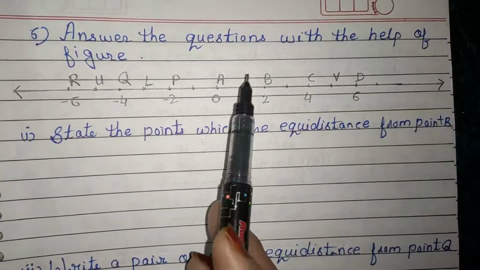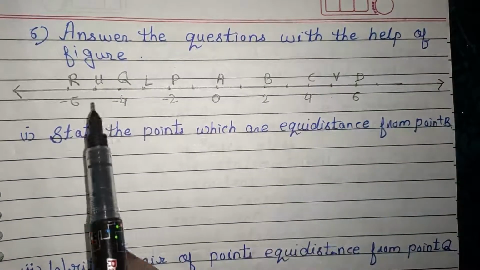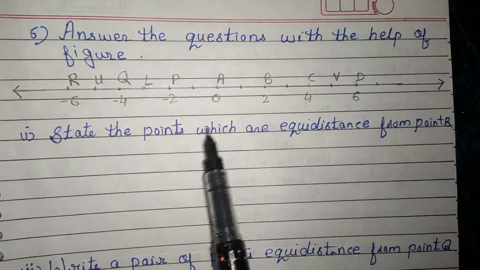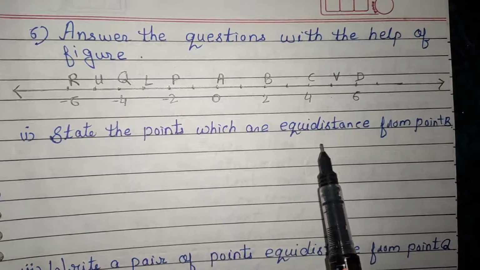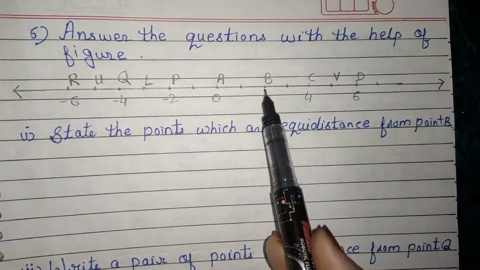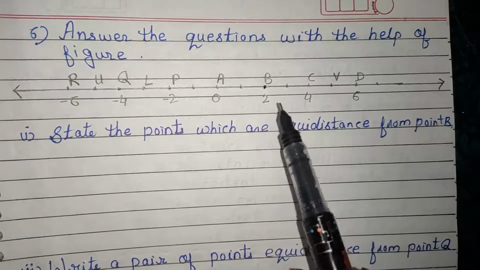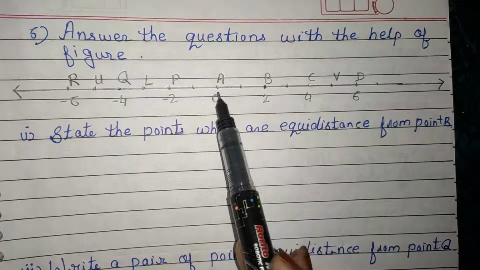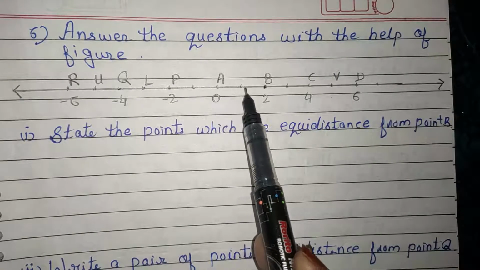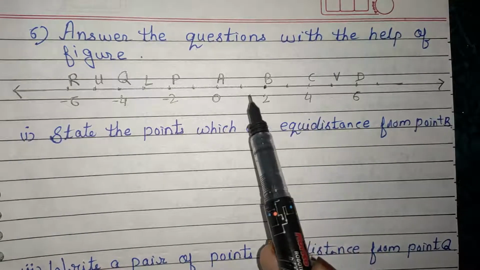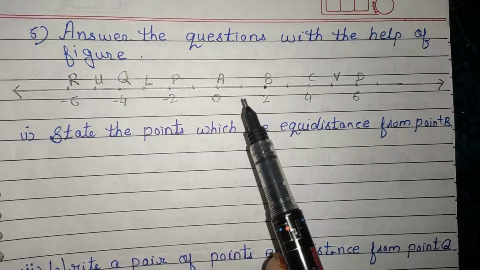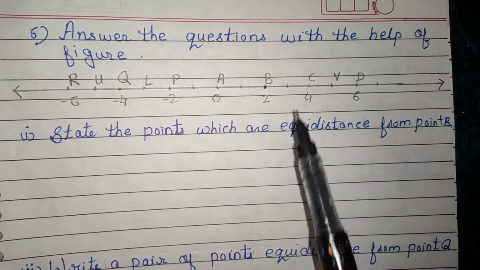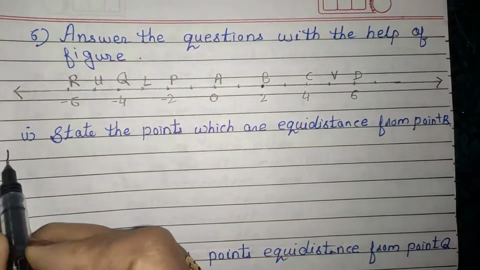Next question, answer the questions with the help of the figure. Look here, the figure, points and coordinates are given here. State the points which are equidistant from point B. Now look here, it is the point B. The equidistant points are here A and here C. Both are at a distance of 2 units from point B. Therefore write down the answer here.